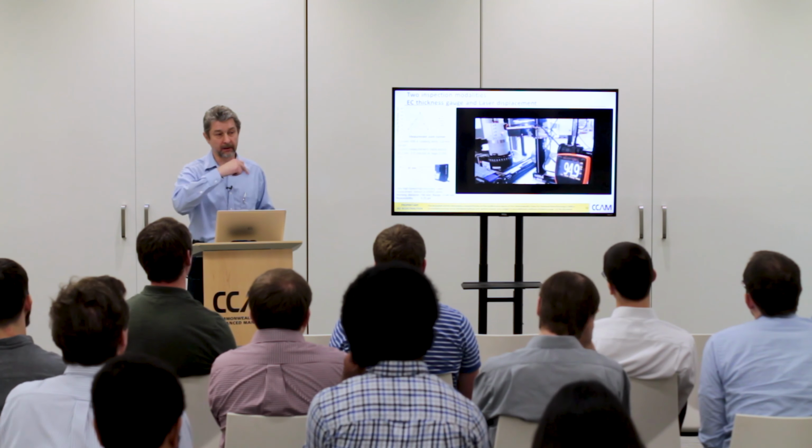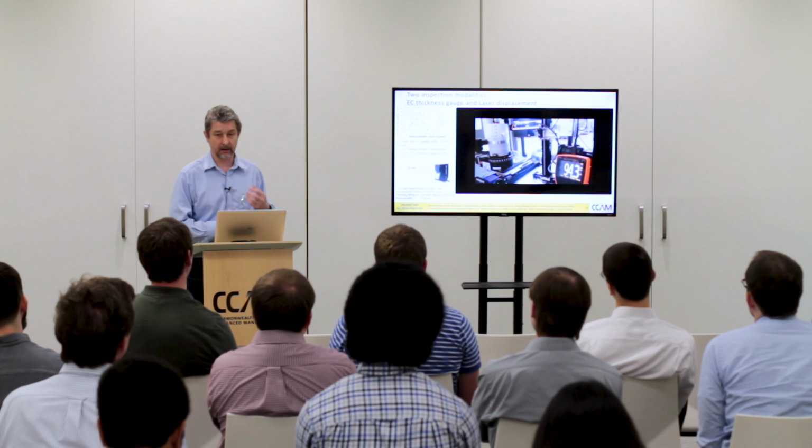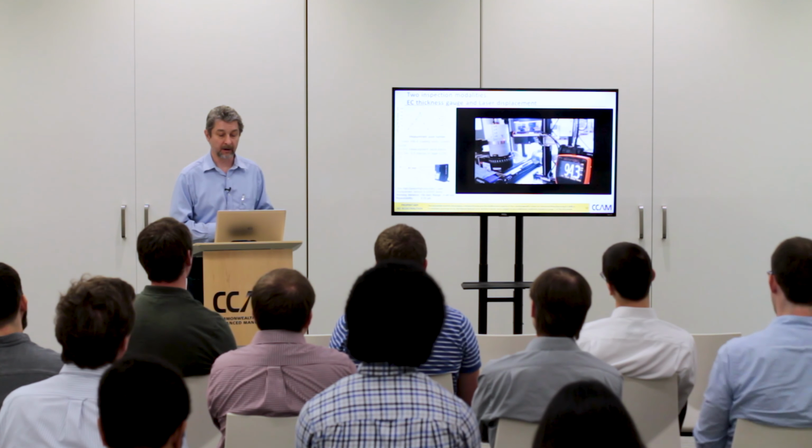Over the circumference, we see a much larger variation in thickness, and we know that it's due to the actual process, not the gauge, because the gauge is a really precise and highly reliable measurement device.